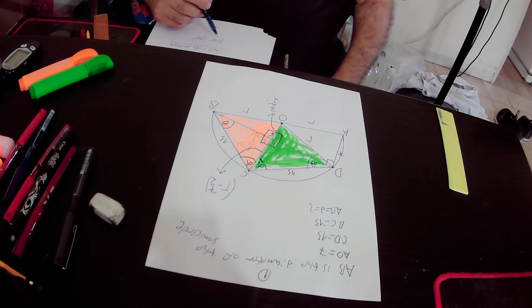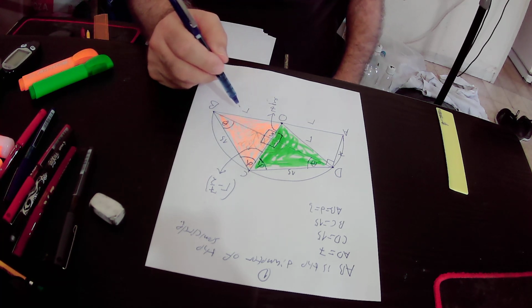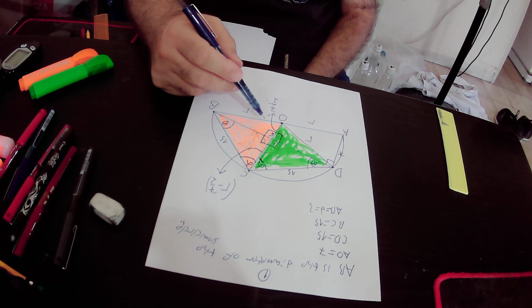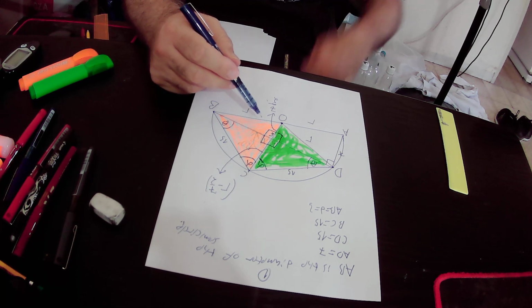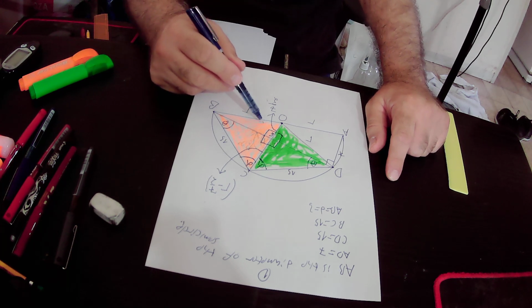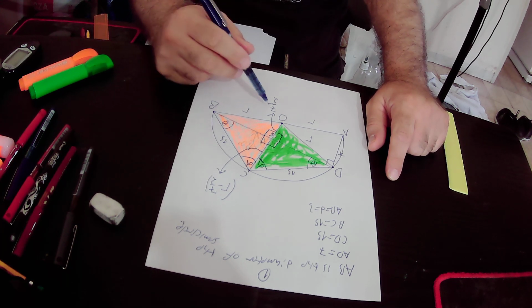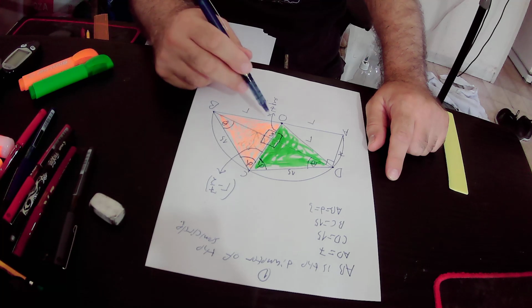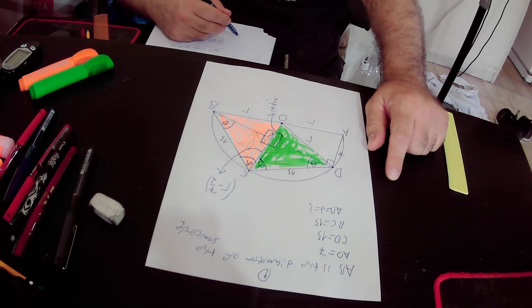The first EB square will be related to the right triangle OEB, and in the right triangle OEB, EB square equals OB square minus OE square.